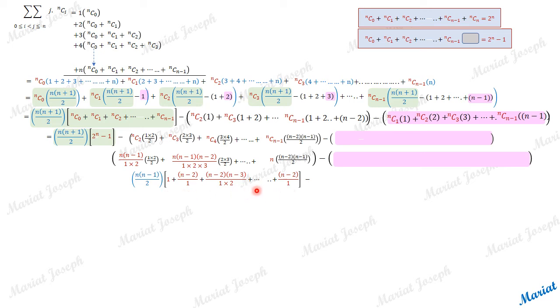Here, this bracket once more we are going to write in terms of the combinatorial coefficients. n minus 2 by 1 is n minus 2 C1. This is n minus 2 C2. This will be n minus 2 C n minus 3.